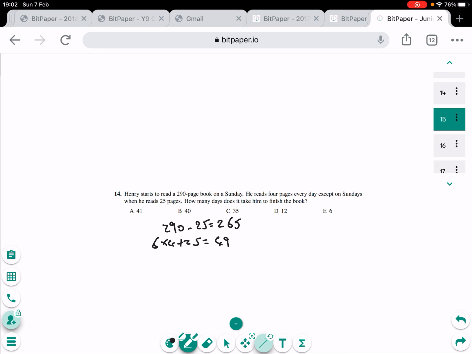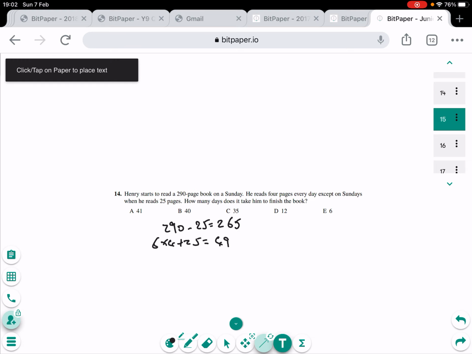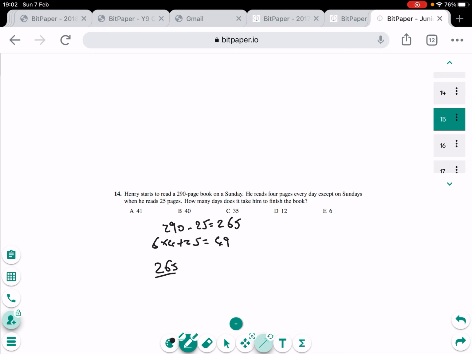So he reads 4 pages every day except on Sundays when he reads 25. So then you take 265 divided by 49, which equals 3. Wait.